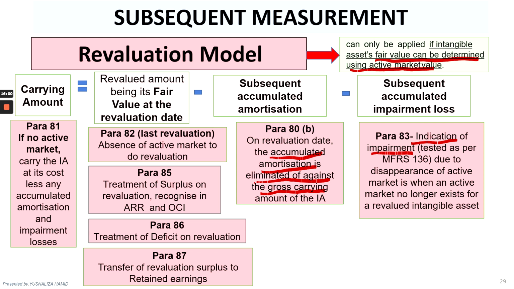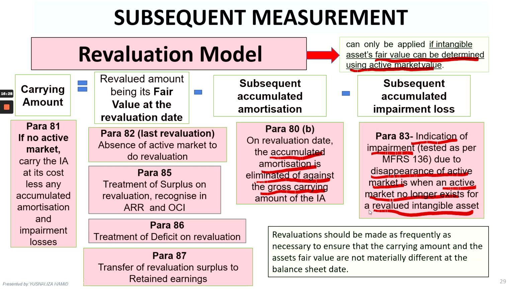Normally there is an impairment when there is a disappearance of the active market, or when the active market no longer exists. So you need to test for impairment annually or as frequently as whenever there is an indication that the asset is impaired. And this is more important for a revalued intangible asset if it uses the revaluation model, like in our case here.